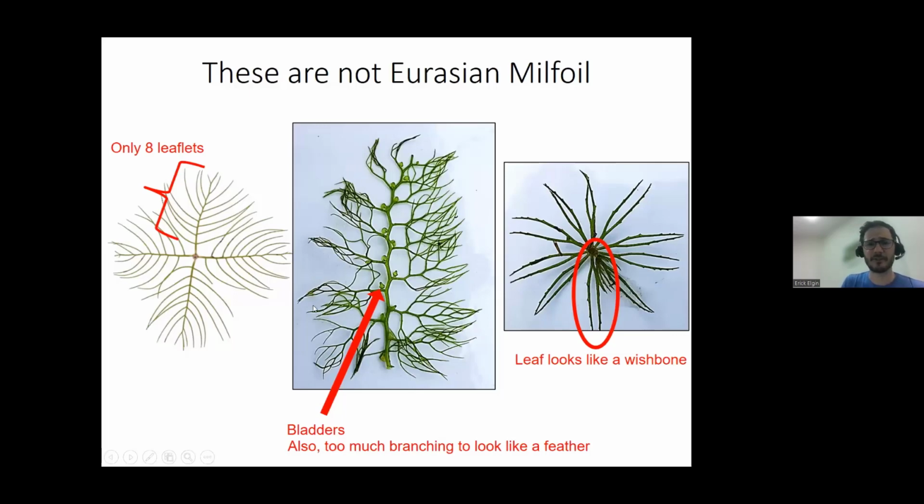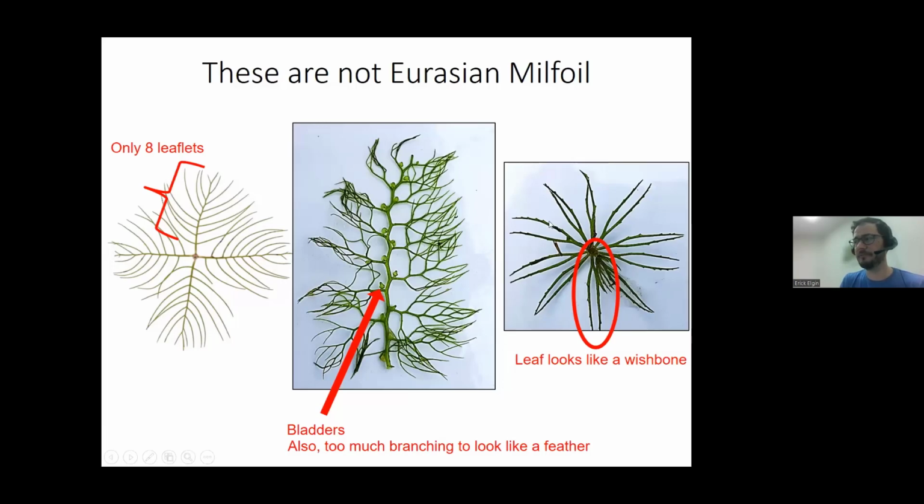This is a native carnivorous plant, which is kind of neat. These can look similar, right? It has a feather-like leaf look, but if you look closely, these things right here are bladders that open and close. They open and suck in little invertebrates, dissolve them and eat them. Milfoil does not have those bladders.